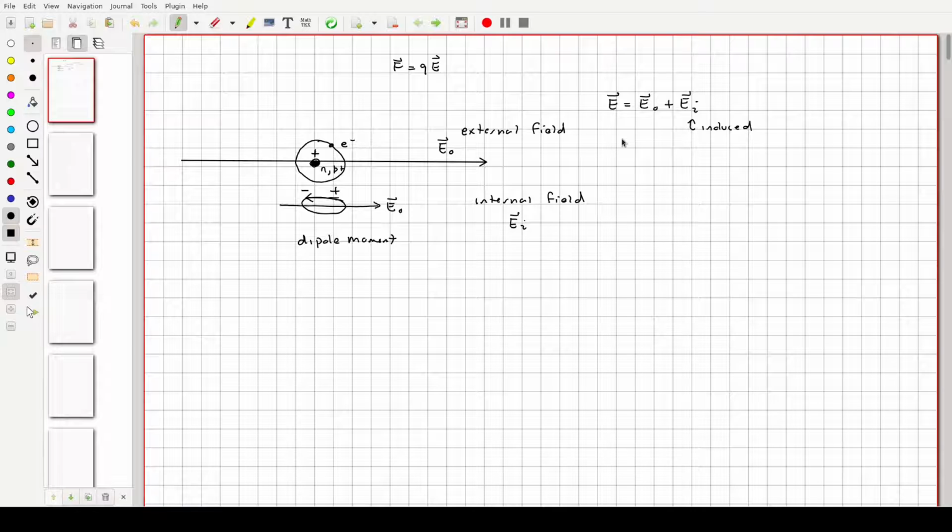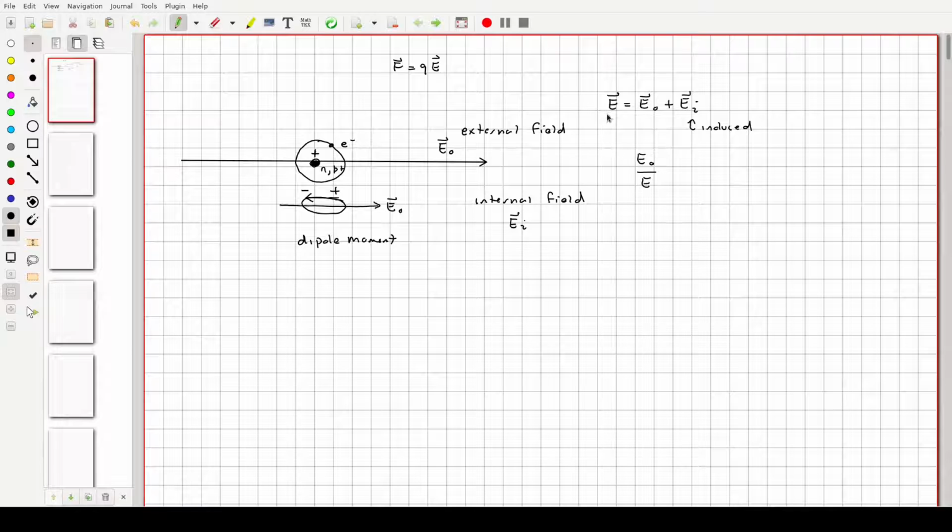So, one thing you can do is to look at the relationship between the overall field and the field that you put in. Because if you can look at that relationship, that allows you to find a relationship between the field that you put in and this induced or internal field. So what you do is you look at the ratio of the field that you stuck in to the field that comes out, because it's going to be affected by this induced field.